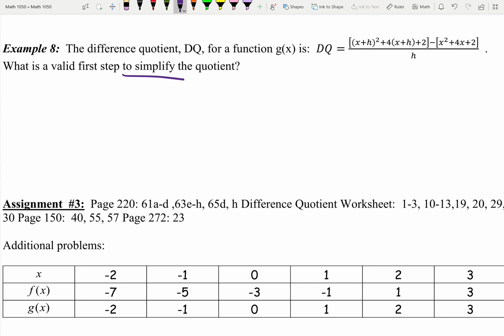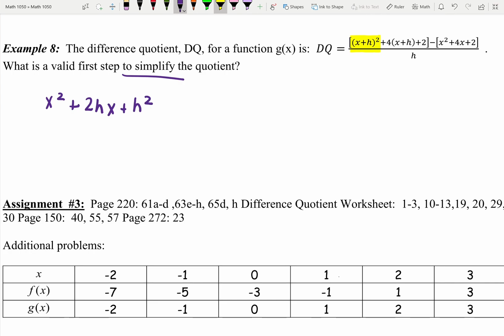If that were your difference quotient, one thing you could do is FOIL that out, and you could drop those brackets. So when you FOIL that, you go x squared, hx, and then another hx is 2hx, and then h times h is h squared.